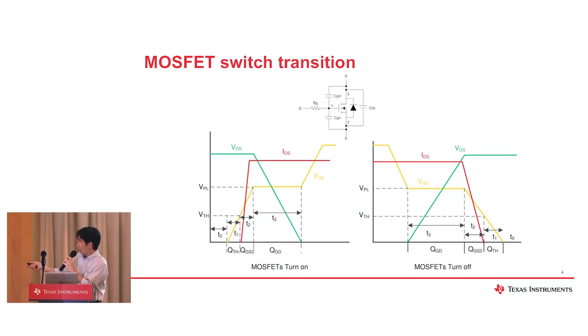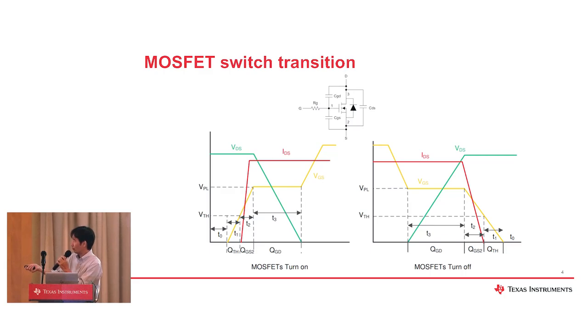So basically, in general, the sequence of these two on and off status is in the reverse order. Let's take a look at the MOSFET turn on. There are actually five stages of the turning on status, but here I noted four only.